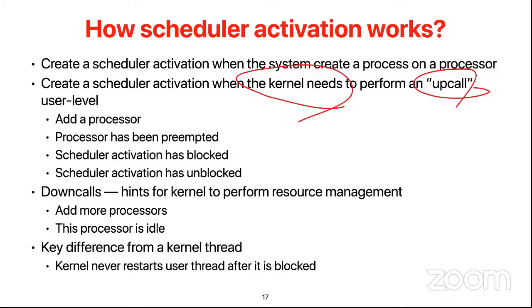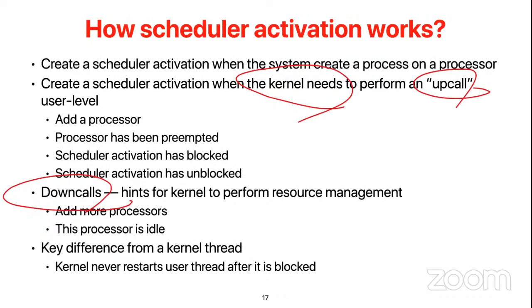The user process, on the other hand, can use downcalls, which you can consider as some kind of system calls from the user process to the kernel, to request more resource, or tell the kernel that I don't need that many processors because I actually have this processor idle. So that's the whole idea of scheduler activation.